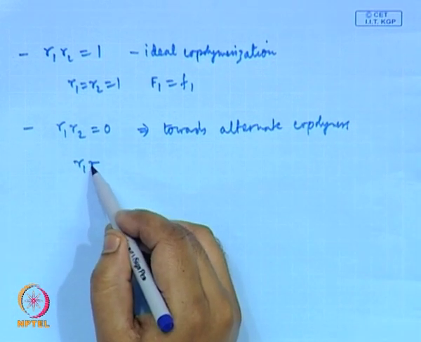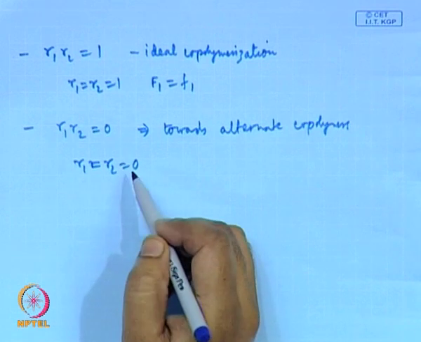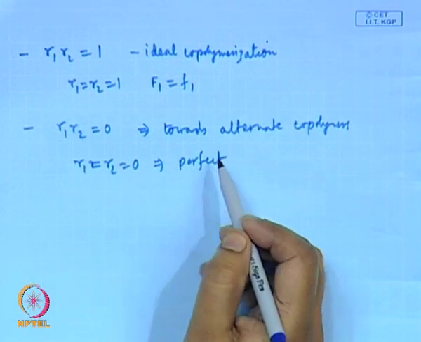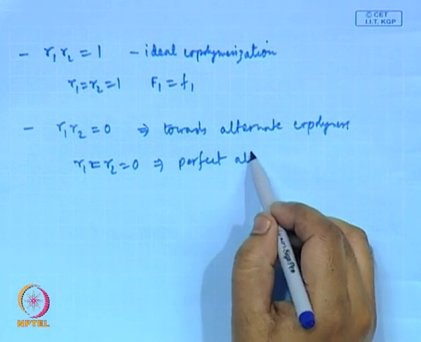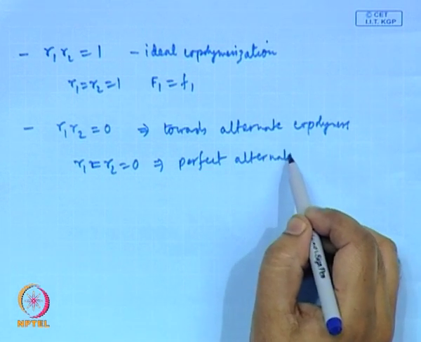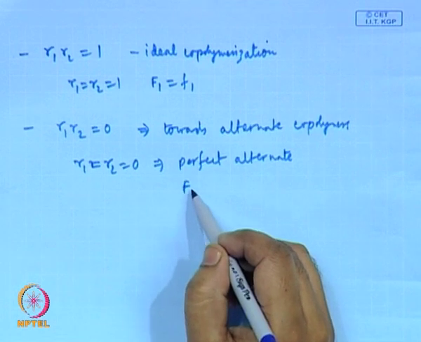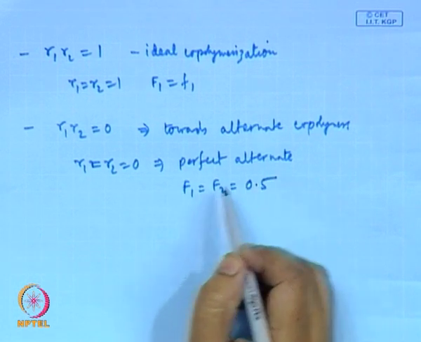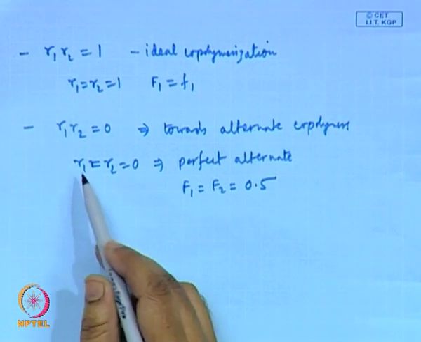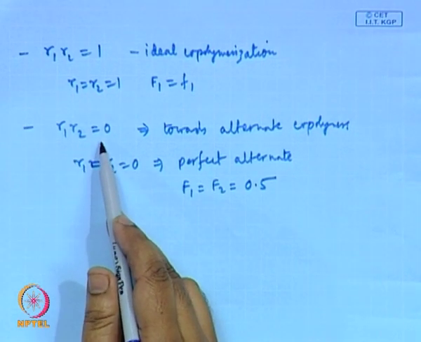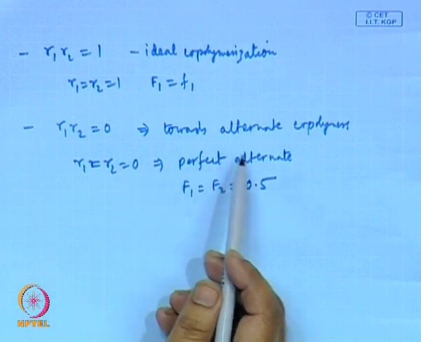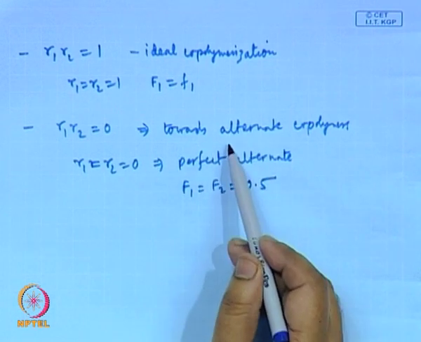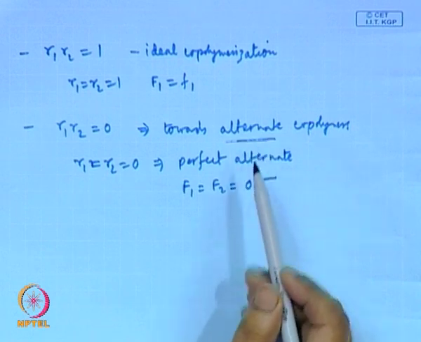As a special case where r1 and r2 are both 0, it is a perfect alternate copolymer, where F1 as well as F2 is 0.5, and the closer the ratios r1 and r2 are to 0, the more the resulting copolymer will be towards alternate.